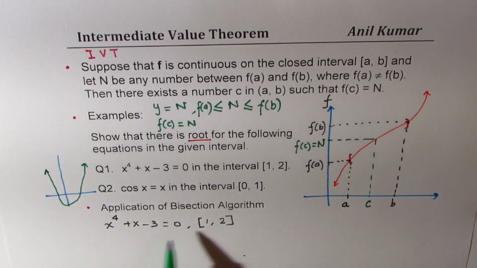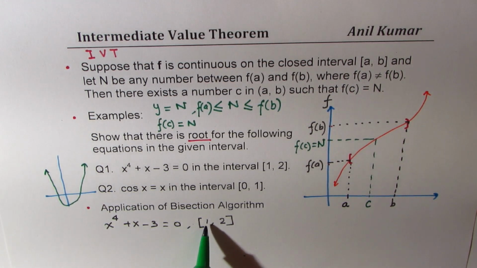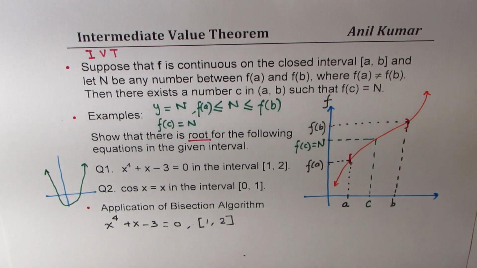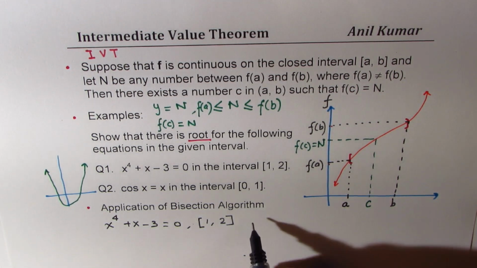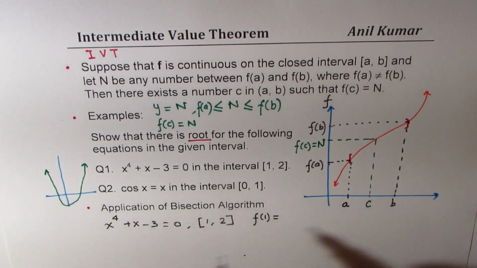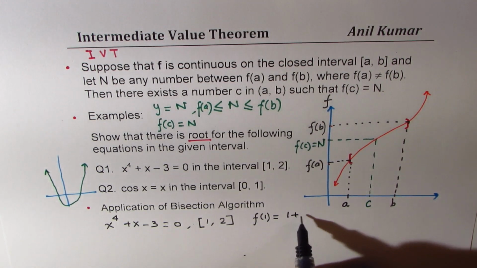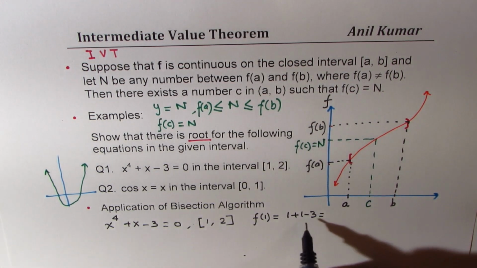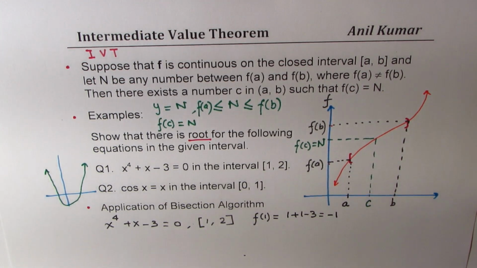Now let's find the value of this function at 1 and the value of the function at 2. 1 is a for you, 2 is b for you, correct? So what is f of 1 equal to? 1 plus 1 minus 3, which is minus 1.